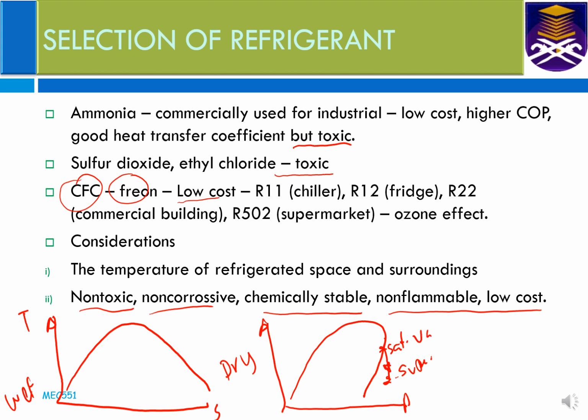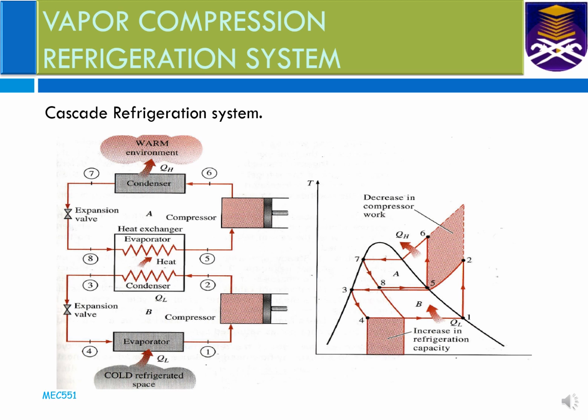And finally, we also have the isentropic refrigerant, where the temperature entropy curve is like this, where it is almost isentropic for the saturated vapor section.